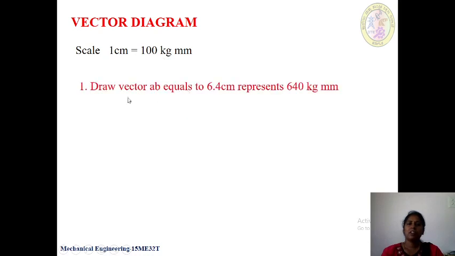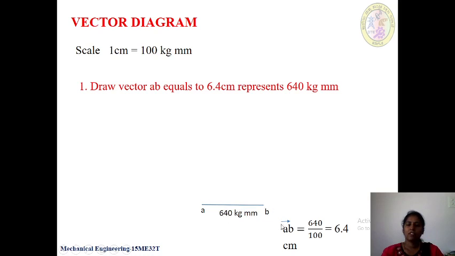So first draw a vector AB, that is equal to 6.4 centimeter, which represents 640 kg/mm. That is from A to B it is one straight line of length 6.4 centimeter representing 640 kg/mm.